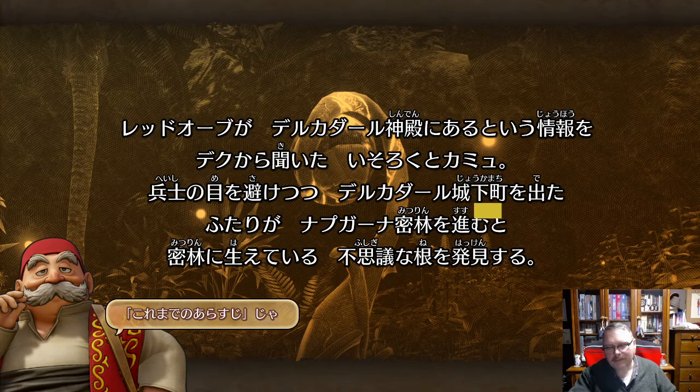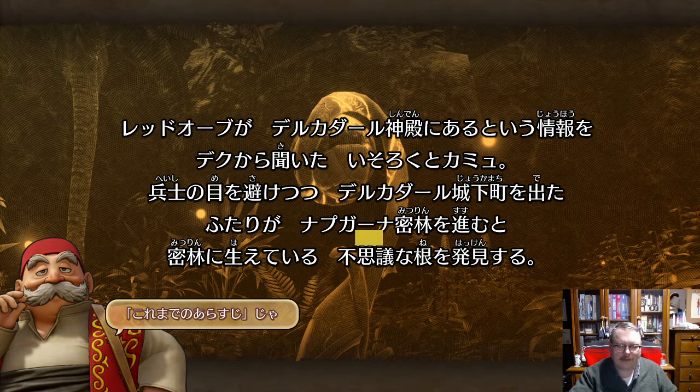So Jokamachi, the town below the castle. So Delkadar Jokamachi. O deta. They left it. Remember, o is a direct object marker. So deta is the past tense of deru. So they left the Jokamachi of Delkadar. These two guys, the two that left the Delkadar Jokamachi.